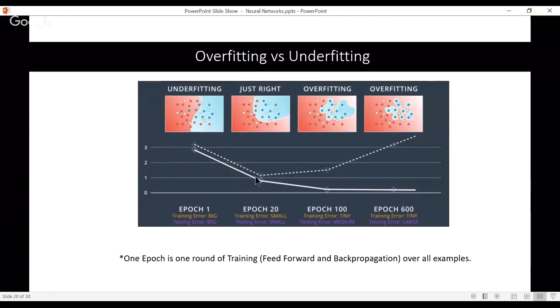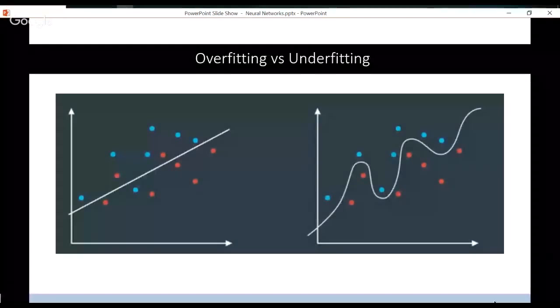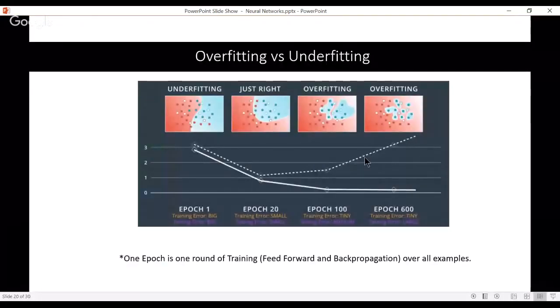This was after running 20 rounds of training on your training data. So with 20 epochs, 100 epochs, you will have very low training error, but your testing error might start increasing, because again you are starting to overfit your network on your training data, and the same goes for even higher epochs. So this is just an example.